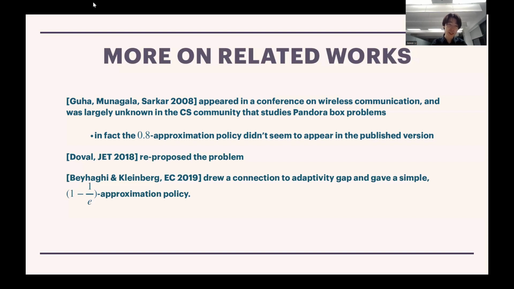So this policy is simple, but 1 minus 1 over e is roughly 0.63, so it's not as good as the 0.8 approximation algorithm. And both Doval and Beyhaghi and Kleinberg didn't know of the existence of the paper by Guha, Munagala, and Sarkar at that time.